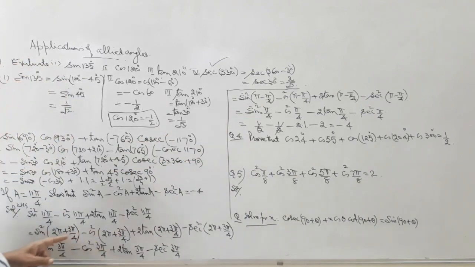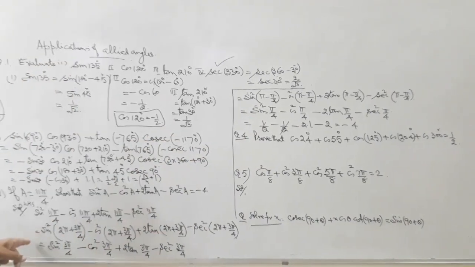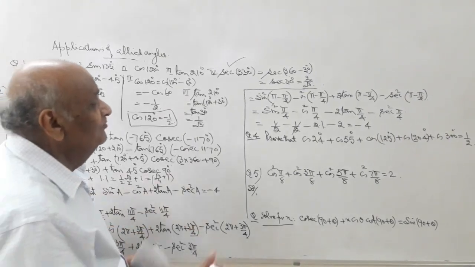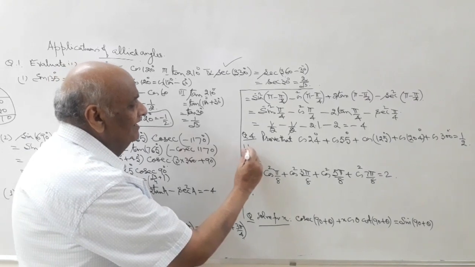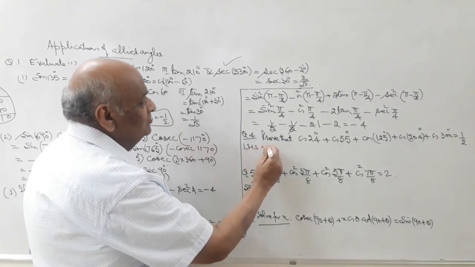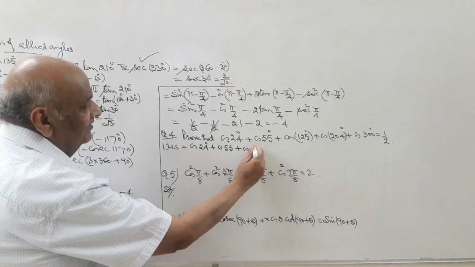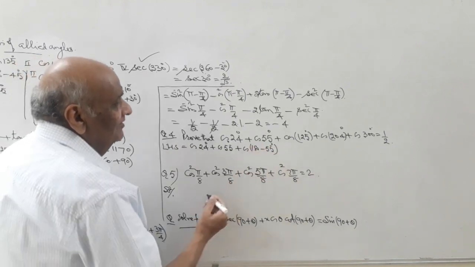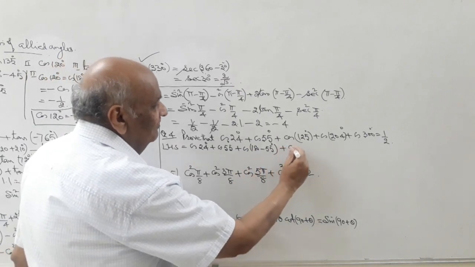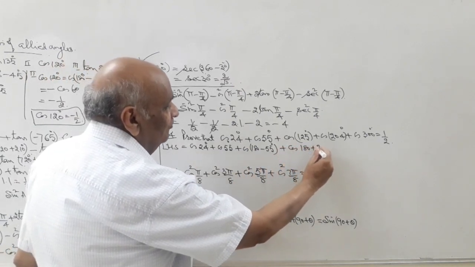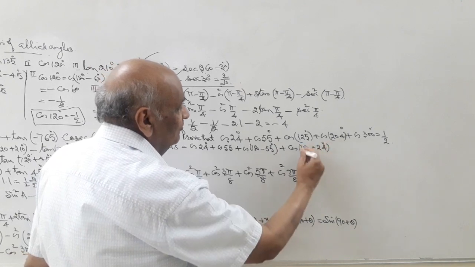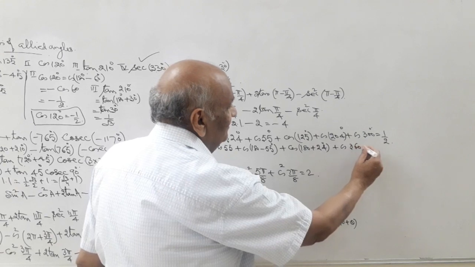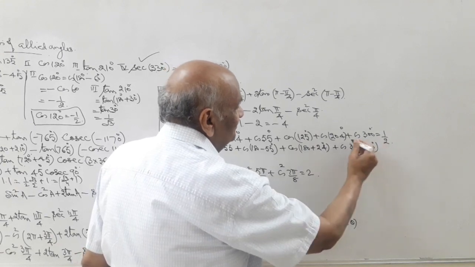This was the third question. After simplifications it is equal to minus 4. Now come to the fourth question. Left hand side: it is cos 24 degrees, cos of 180 minus 55 degrees, then cos of 180 plus 24 degrees, 204, then plus cos of 360 minus 60 degrees.